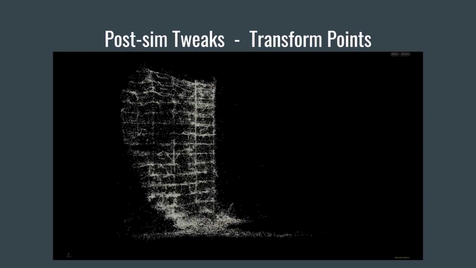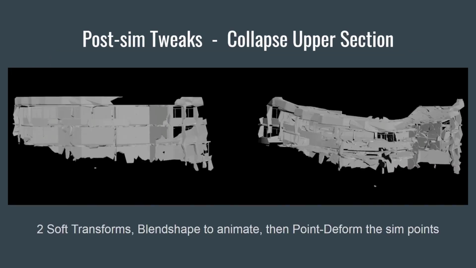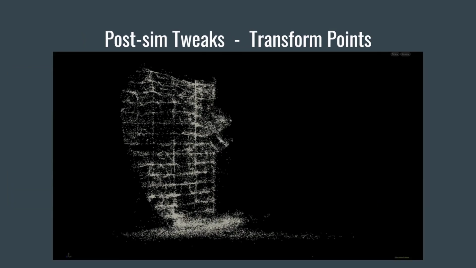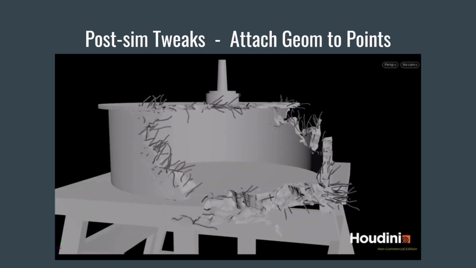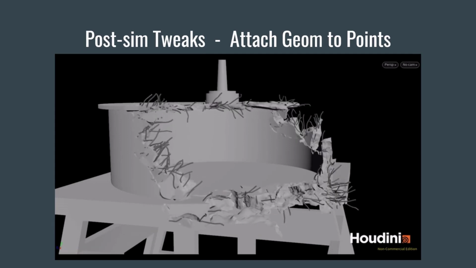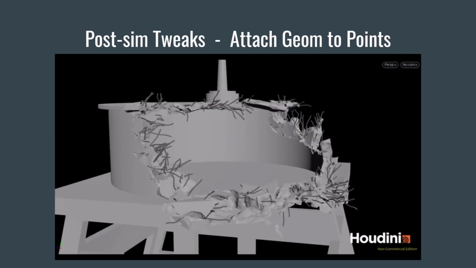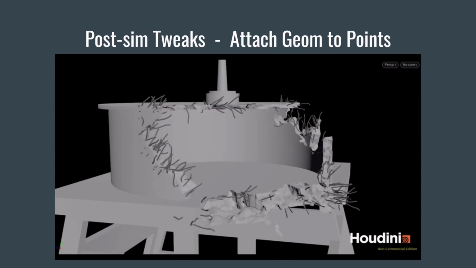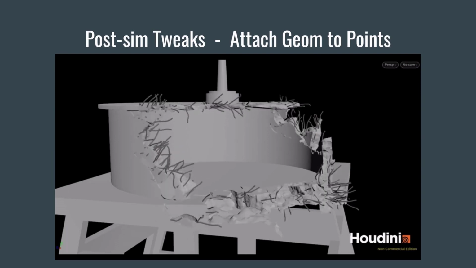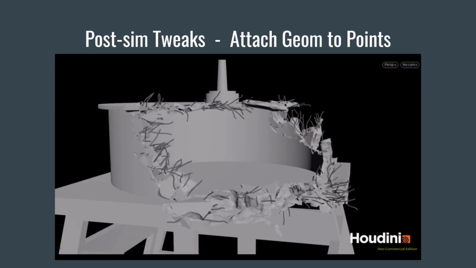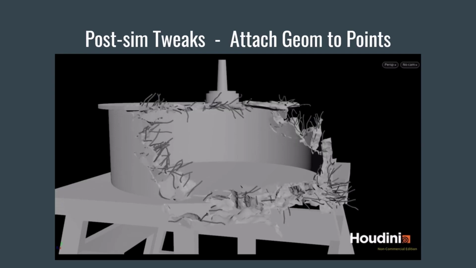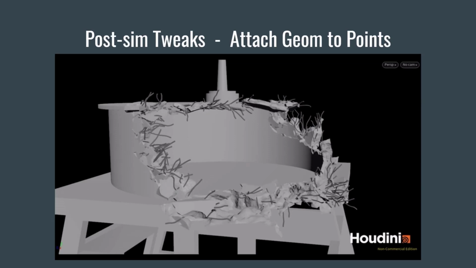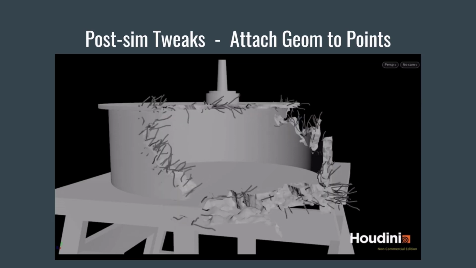Now, another very helpful use for those transform points is to attach extra pieces of instance geometry to it. Adding instanced rebar, for example, or other types of real-world construction details can very easily add a lot of detail and realism to your shot.